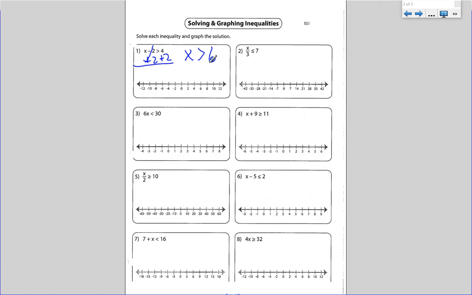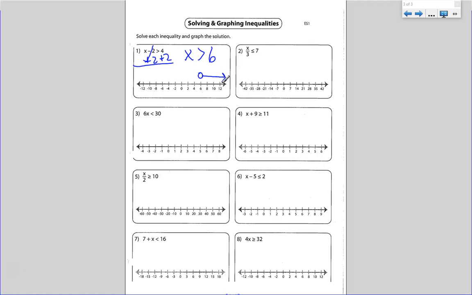Right here we're going to put an open dot over 6. Now let's think about a number that would go in there for x. A number we could choose is 7 or 8. All of those would make that true. 7, 8, 10, those are all greater than 6. So that means our arrow is going to point in that direction in order to make that a true statement.